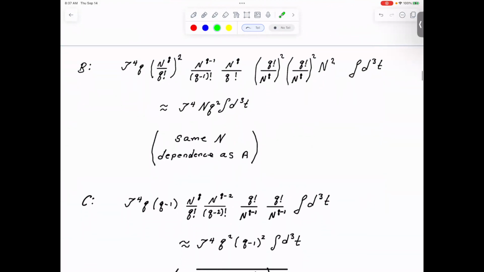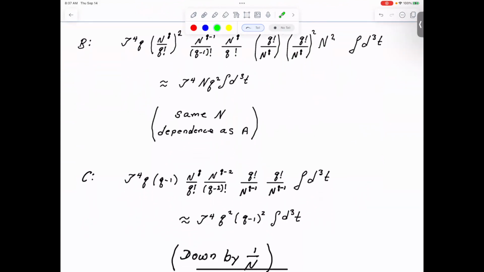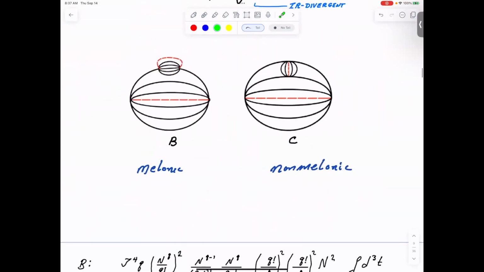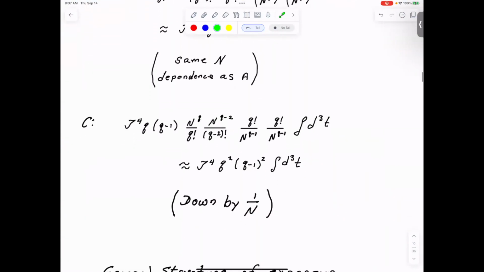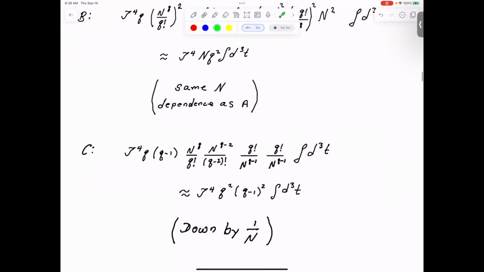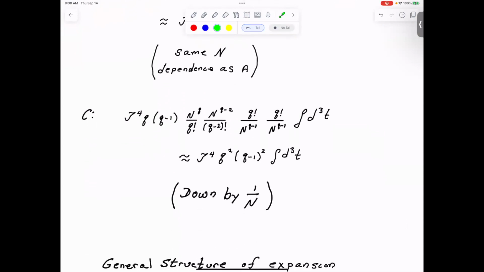So it's part of the leading behavior as a function of N. Now let's come to graph C. C is non-melonic. If you work it out, you'll find that it's not of order N. It's down by 1 power of N. It has some non-trivial Q dependence, J to the 4th, because again there are 4 vertices, and again an integral over time.